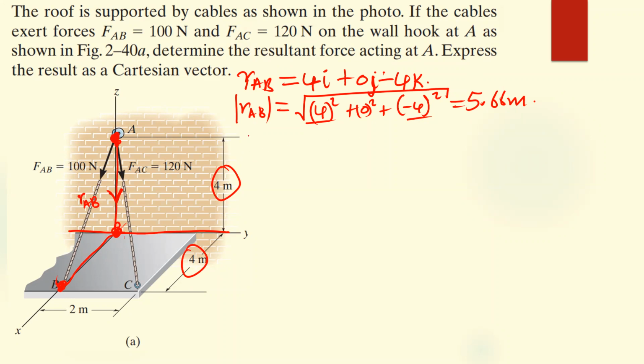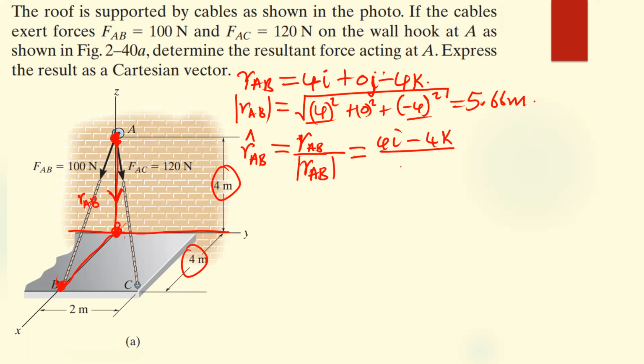To find its unit vector, the unit vector along the cable AB is found by dividing the position vector AB by its magnitude. The position vector that we have is 4i negative 4k.